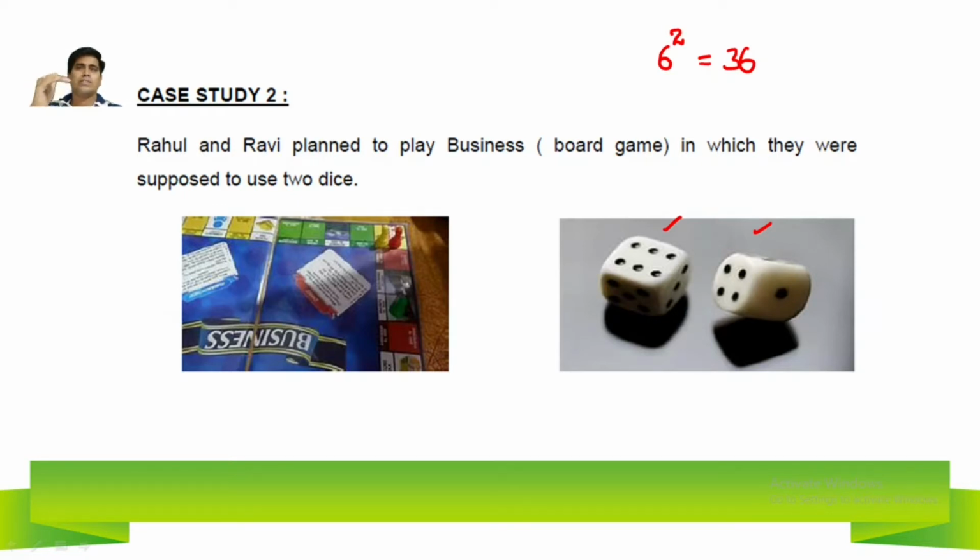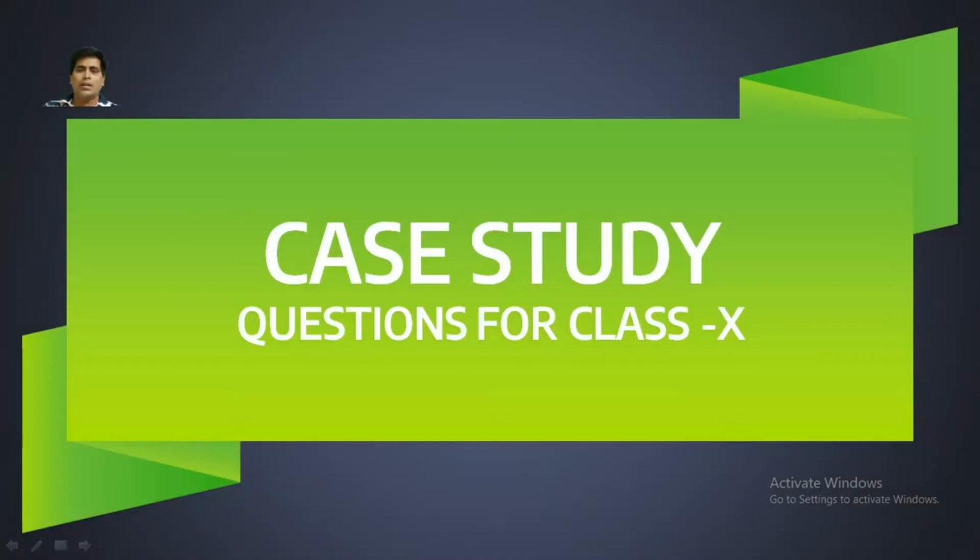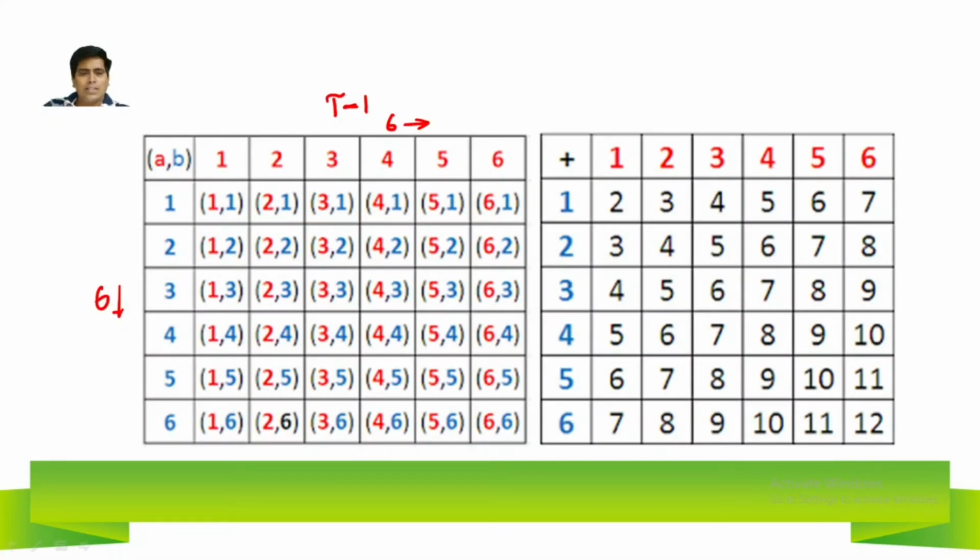On the 2 faces, whatever outcomes they get, they have to add them, and based on that they play. In the second table I have shown the sum. So 1 plus 1 is 2, so I wrote 2 here. 2 plus 1, the combination is 3. So this is the sum of the faces.